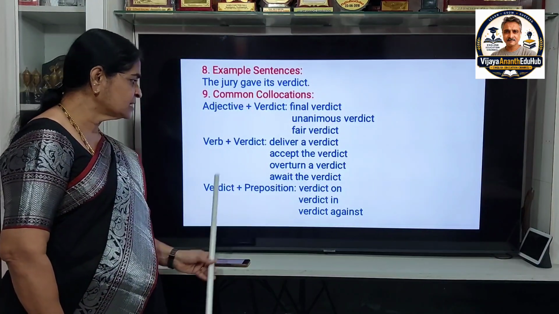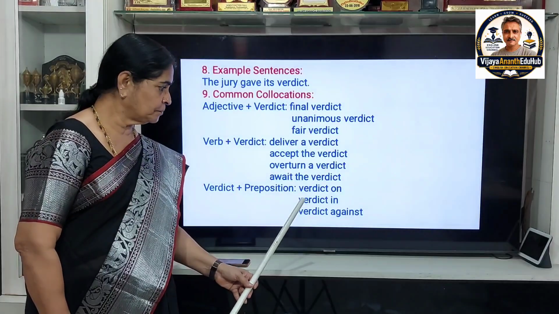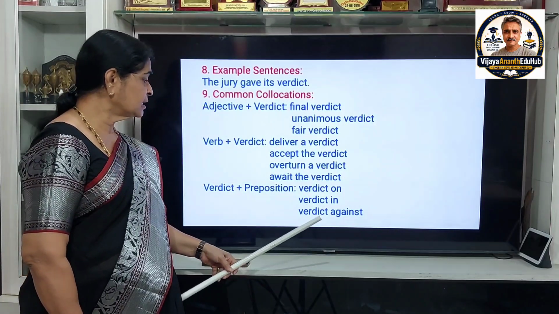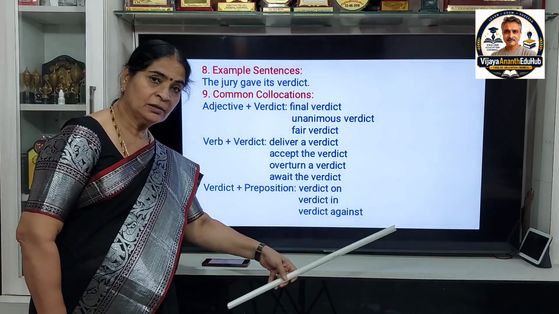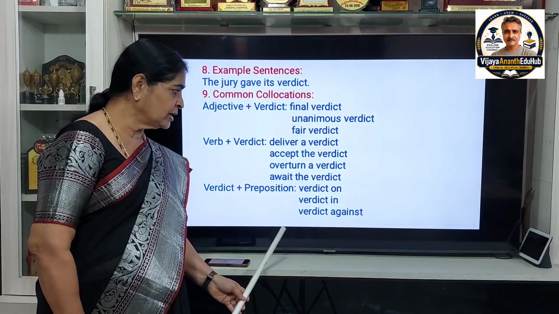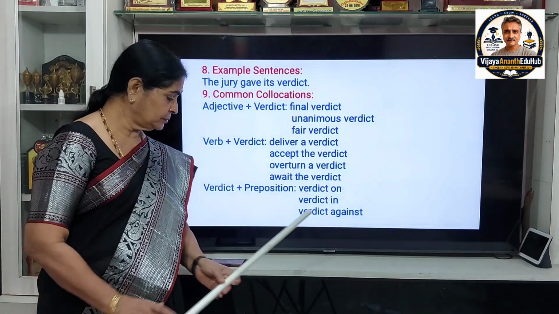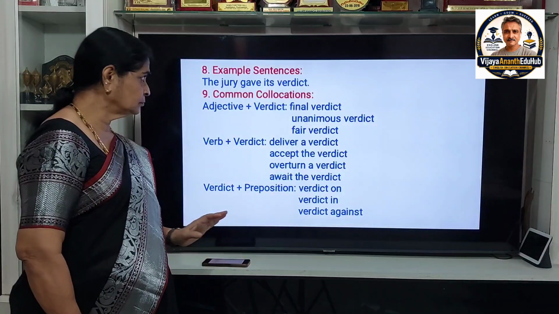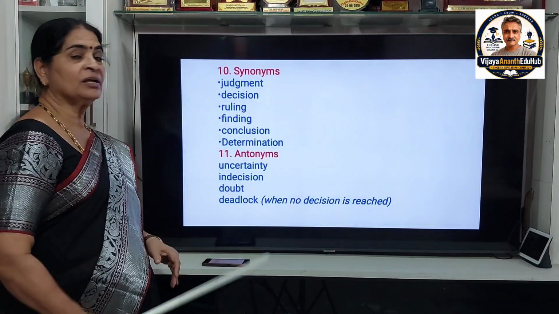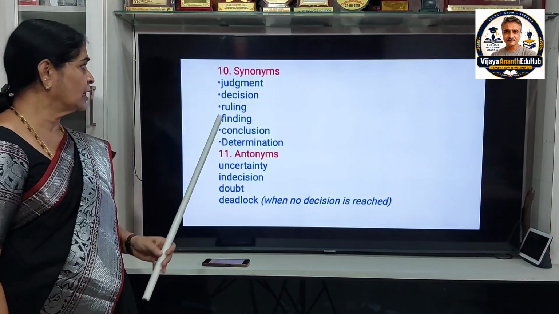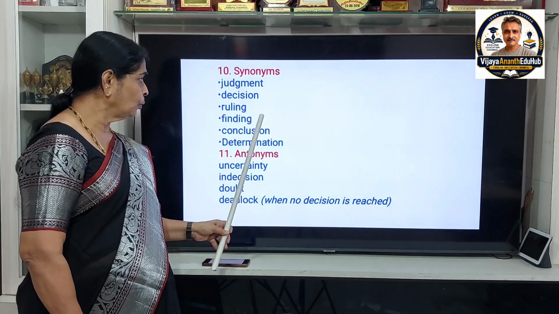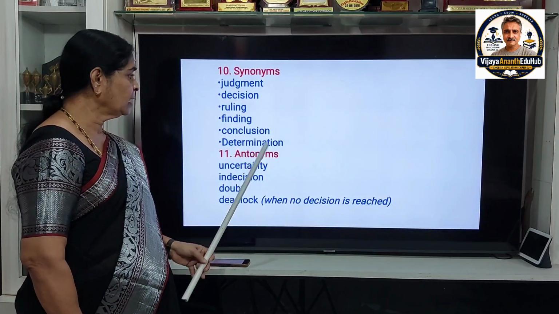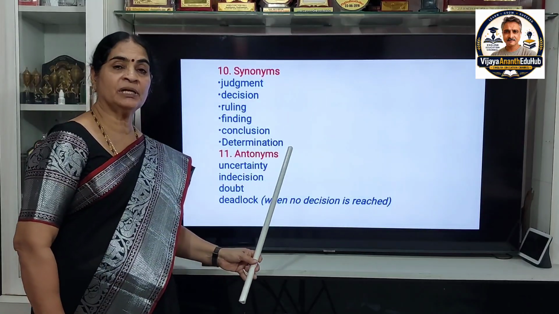And verdict plus preposition structure. That means this structure may be any of the three: verdict on, verdict in, verdict against. Synonyms of verdict are judgment, decision, ruling, finding, conclusion, determination.